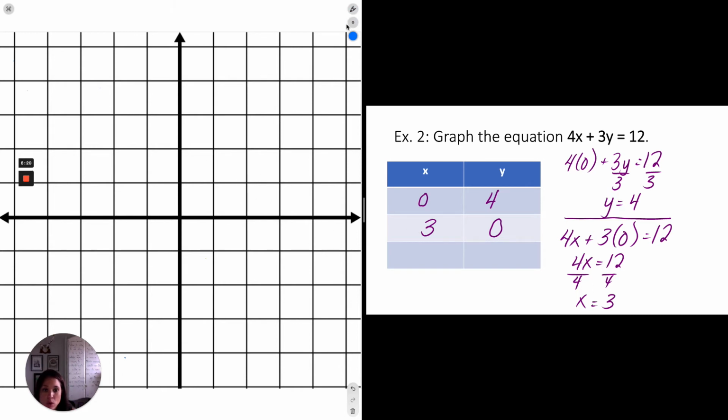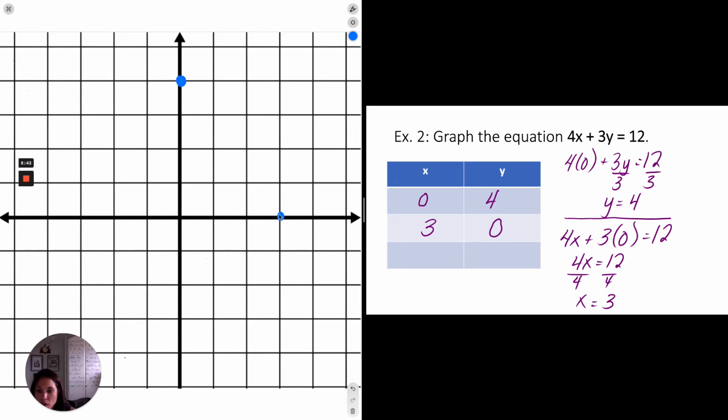So I am going to find x is 0 when y is 4. So I need to move up 4 places, 1, 2, 3, 4. And then when x is 3, 1, 2, 3, y is 0.